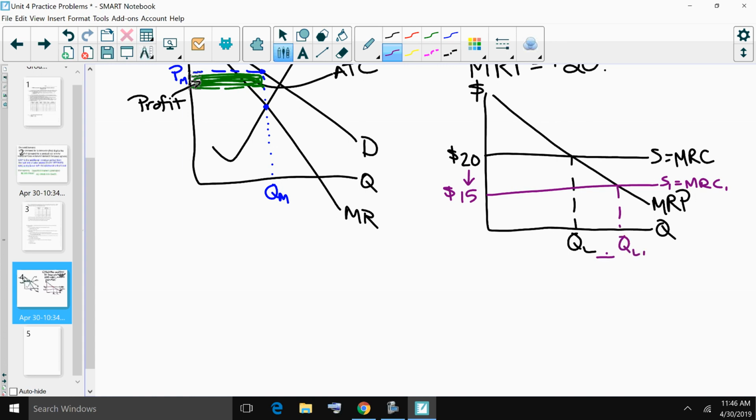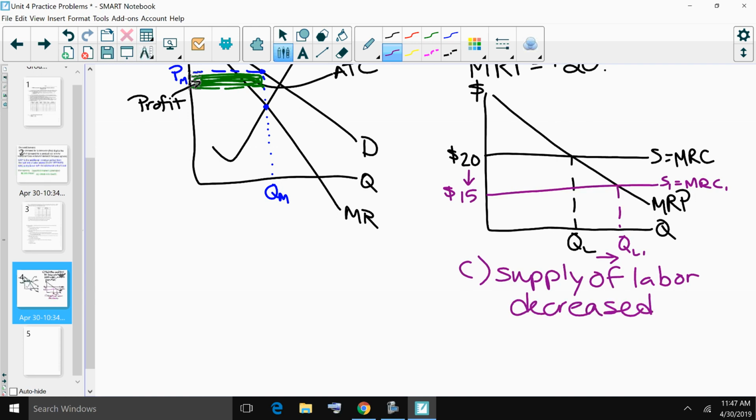All right, so what has happened to our quantity of labor? All right. So for part C, you would say the supply of labor decreased. And this is C1, right?